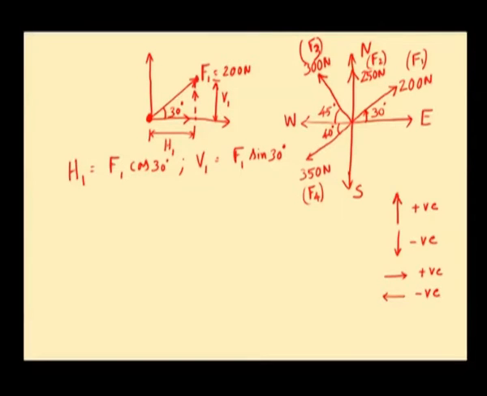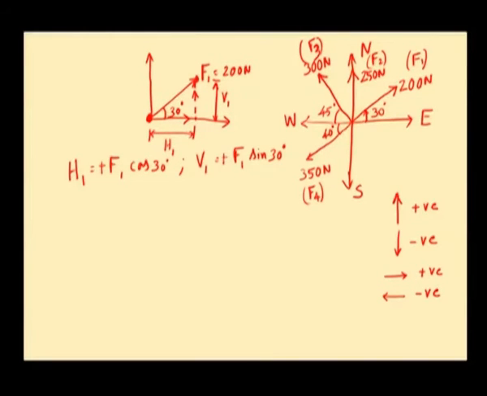These are the sign conventions which we are going to adopt for our resolution. Since H1 acts towards right, sign for H1 will be positive. Since V1 acts in the upward direction, sign for V1 will be positive.